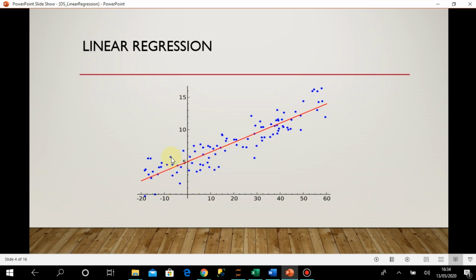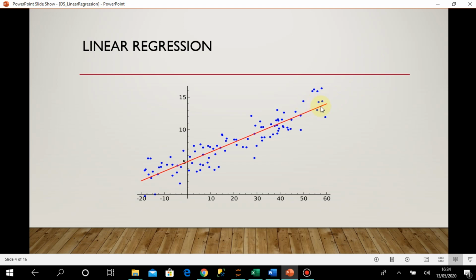There is a red line you can see, which is close to all these points. The points are not falling on a line, but we have drawn some line and we say that it gives the predicted output.